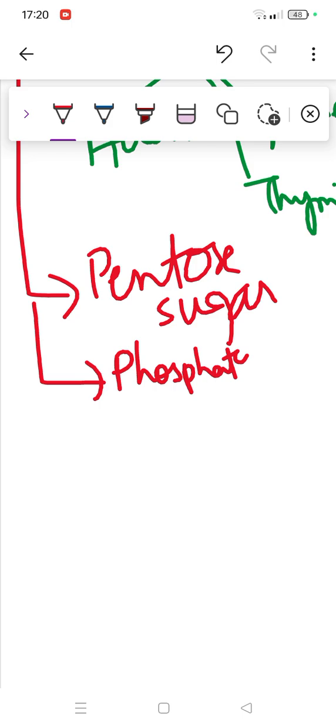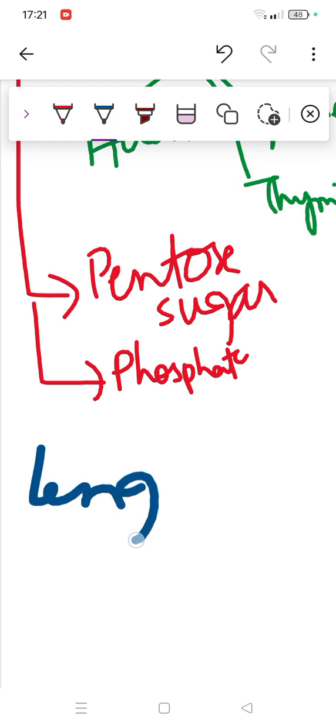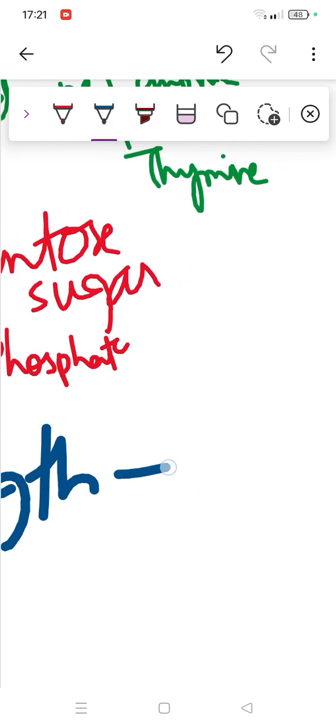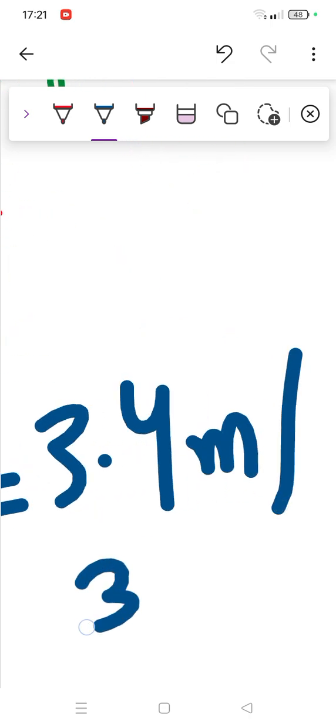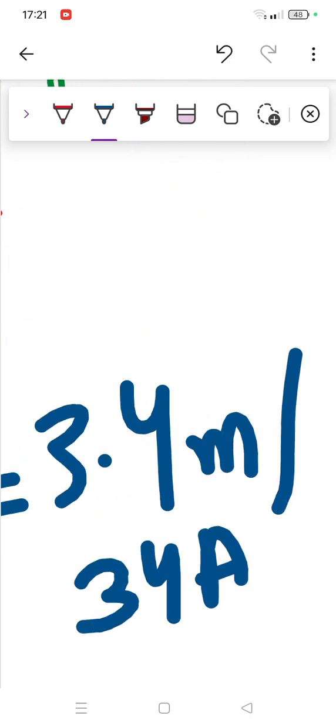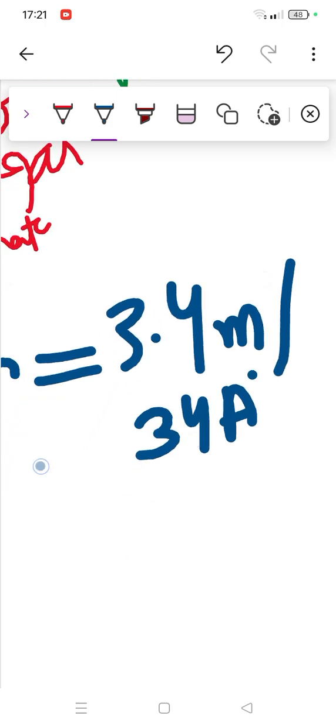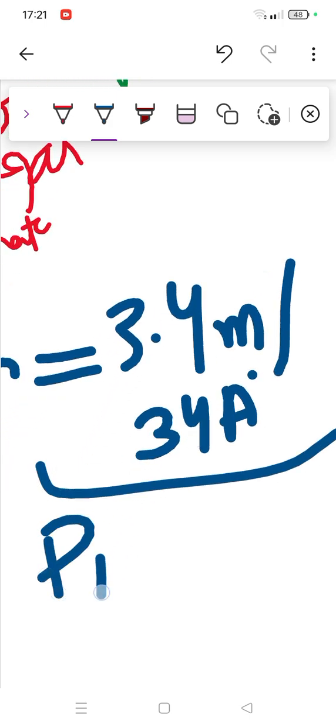Of course, you know our DNA is quite long. If we talk about the particular length, DNA is around 3.4 meter long or 34 angstrom. And the DNA length is also called the pitch of a DNA.